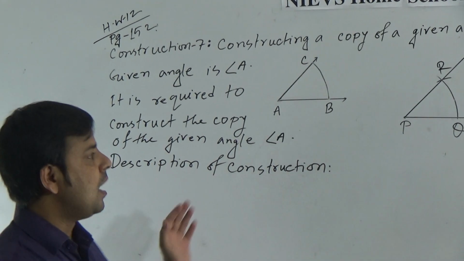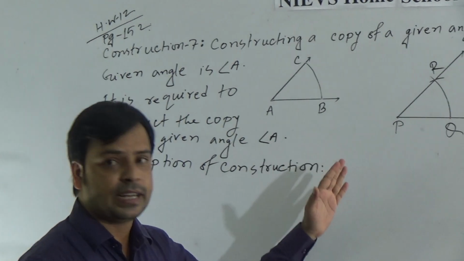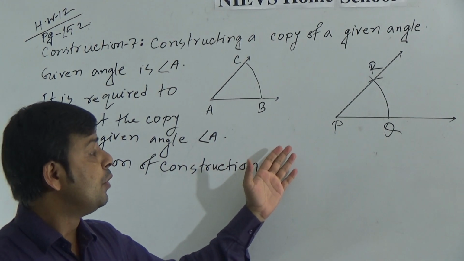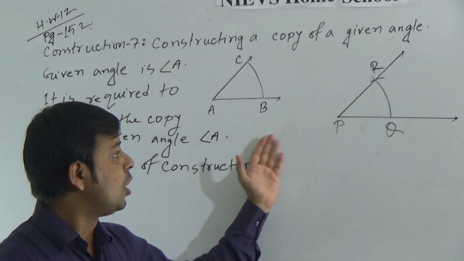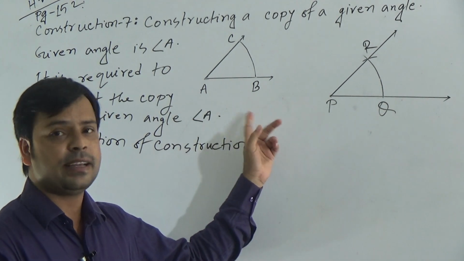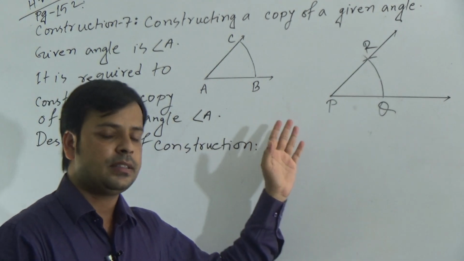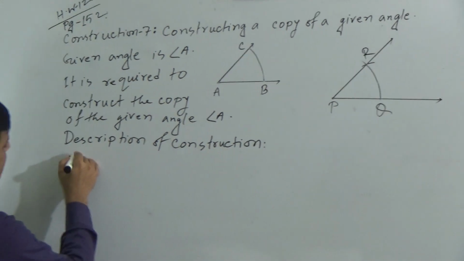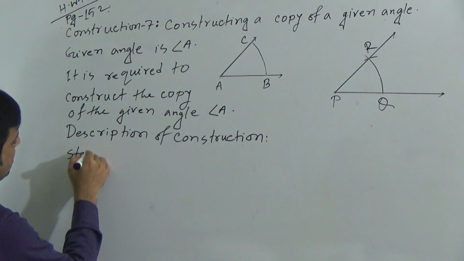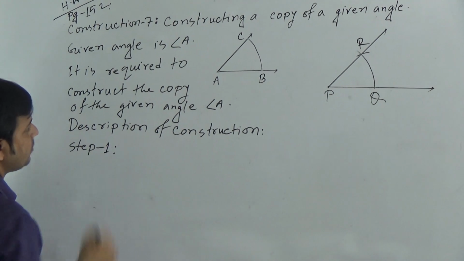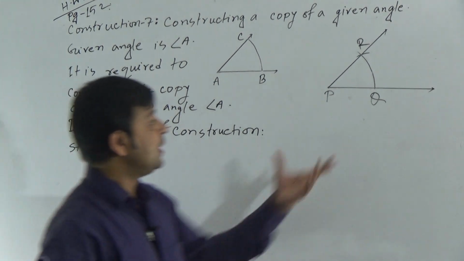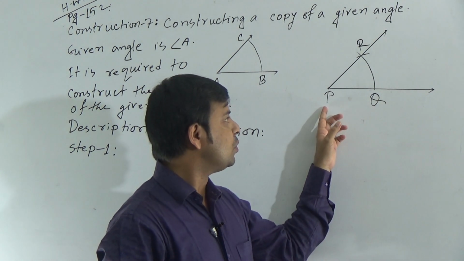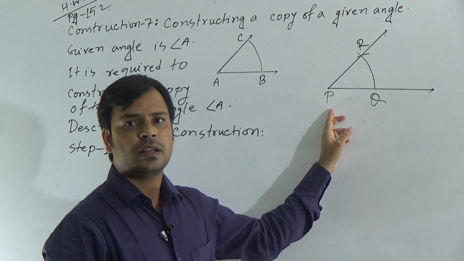These steps I will write from the figure. It means the process which I applied to draw the copy of angle A, this I will write in description. Step 1. At first I have taken a ray PQ and I have chosen a point P.